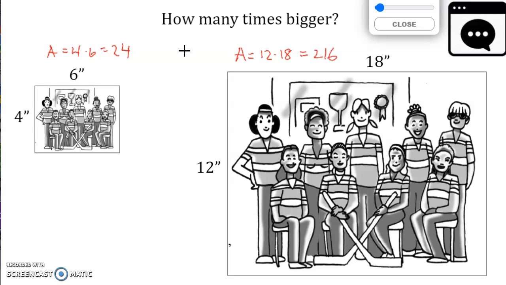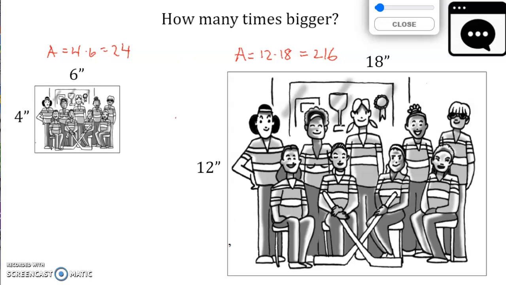So we found that perimeter is just tripled when we enlarge the side length by a scale factor of 3. Did the area also just triple? 3 times 24 is 72, not 216. So what happened to the area?